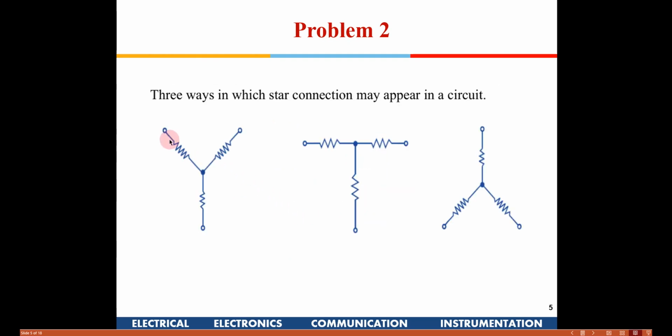When you see a circuit, this is the way the star might appear. It could appear like this, or it could be inverted, or it could just be a T also. When you see the circuit, you should be able to say, okay, there is a star topology there. Just by visualizing these kinds of connections, you should be able to say this is a star connected network.